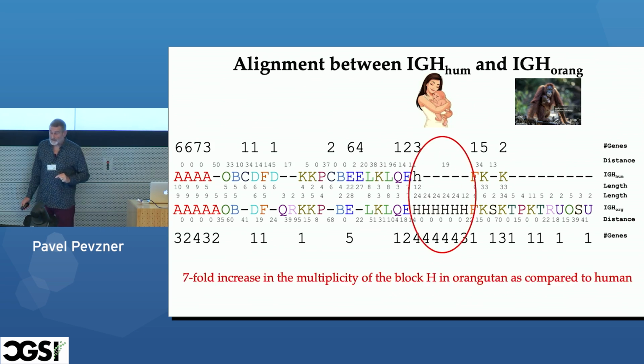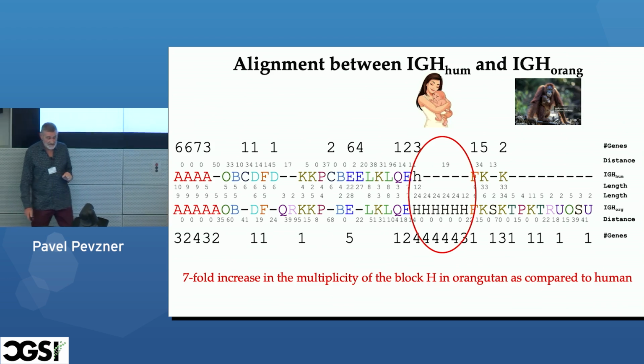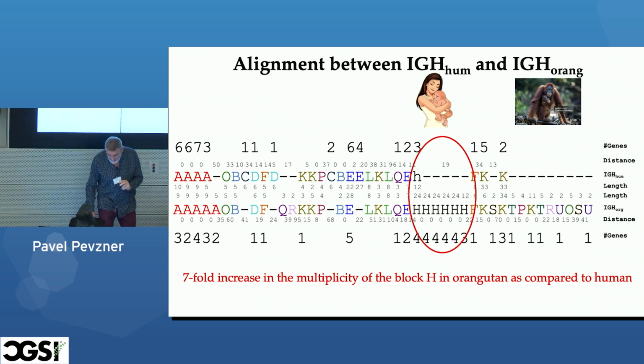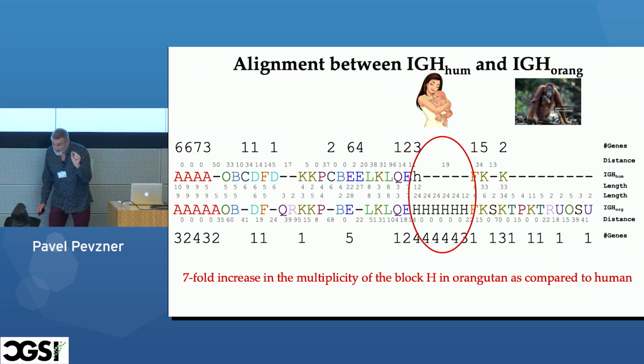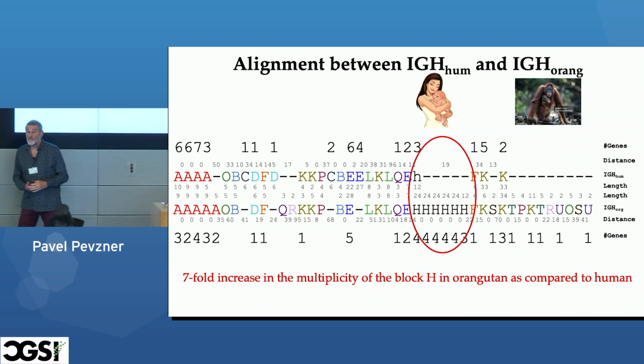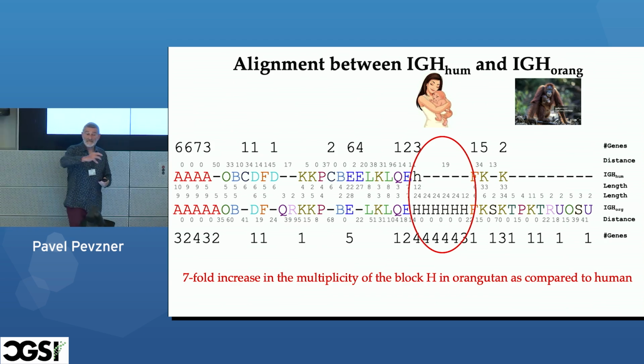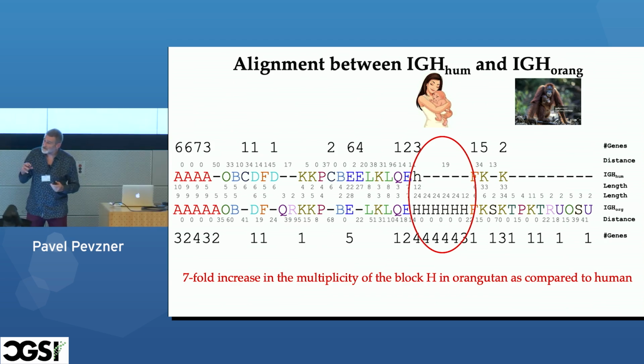And it is important, because look what happened. This is one of the segments, of length 24 kb, repeated 1 time in human and 7 times in orangutan. What happened? The expression level of every immunity gene in this unit is increased by a factor of 7 in orangutan.